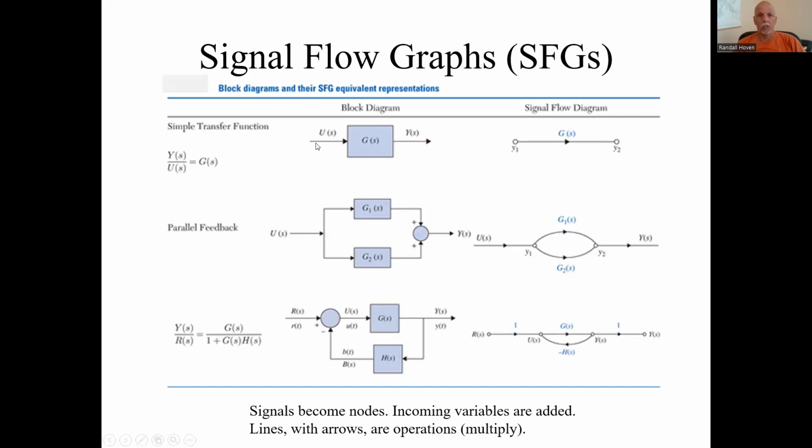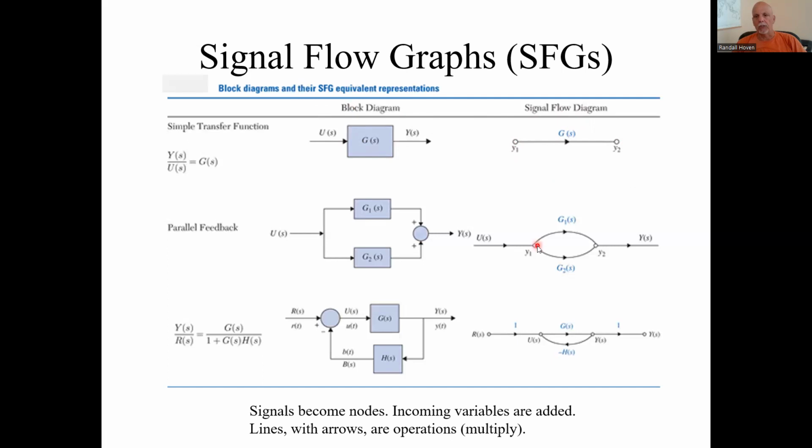This Y sub 1 is like this U over here. And then you just connect them with a line, with an arrow. The arrows are significant. And you just label what the process is that takes you from this signal to that signal. So this is the signal flow diagram. This here is equivalent to that.